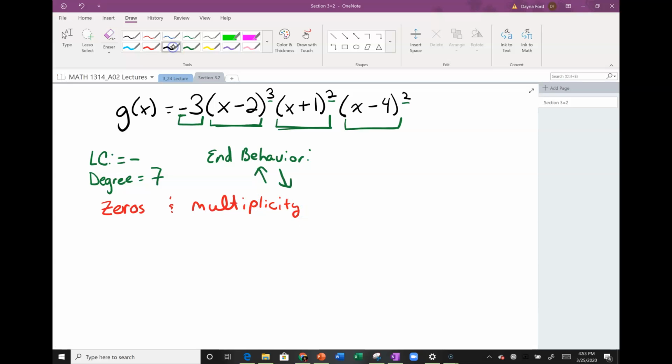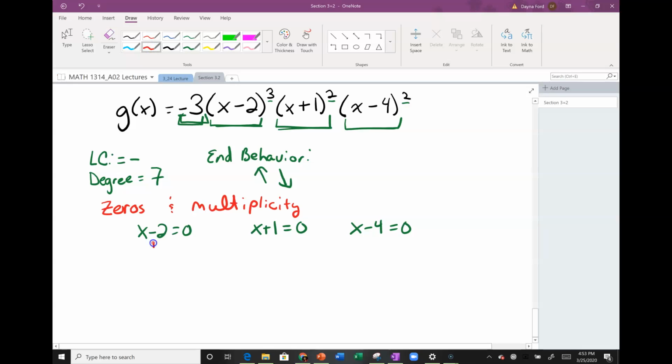So I'm going to take each of my factors and set them equal to 0. When I say each of my factors, I want just the factors with a variable. Because if I set negative 3 equal to 0, negative 3 is not ever equal to 0. So that one's not even possible. So I'm going to set x minus 2 equal to 0, x plus 1 equal to 0, and x minus 4 equal to 0.